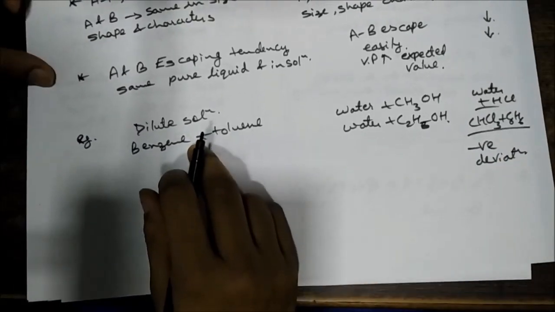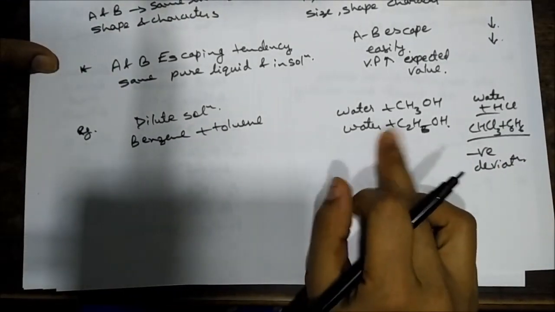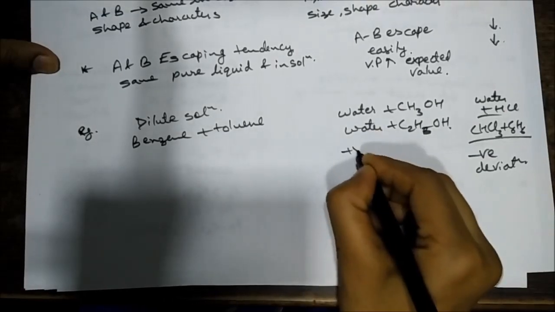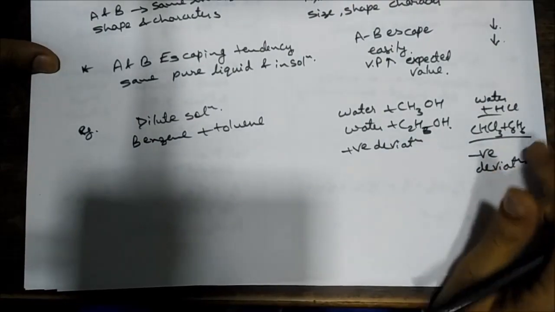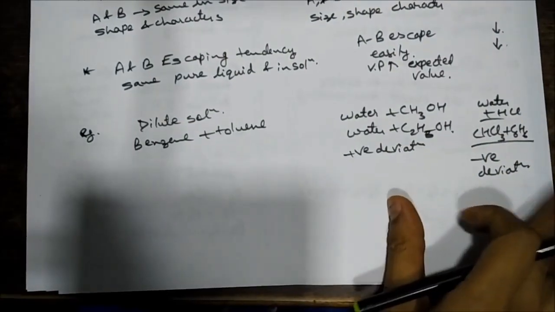This is an ideal solution. This is a non-ideal solution with positive deviation, and these are the non-ideal solutions with negative deviation.